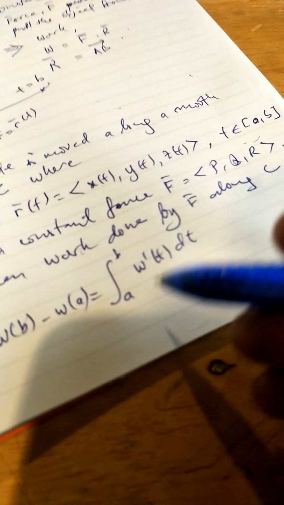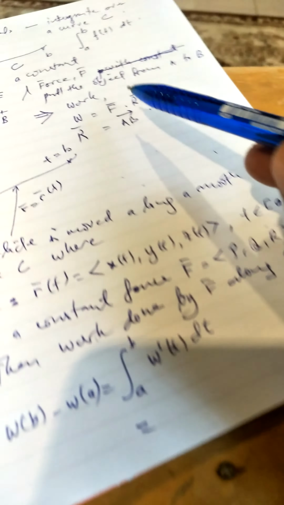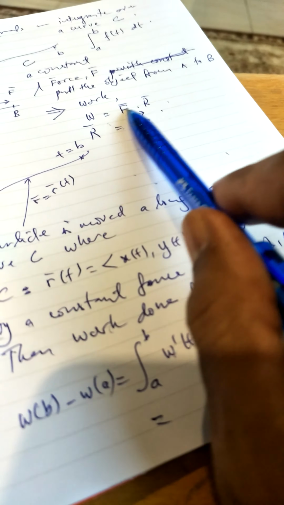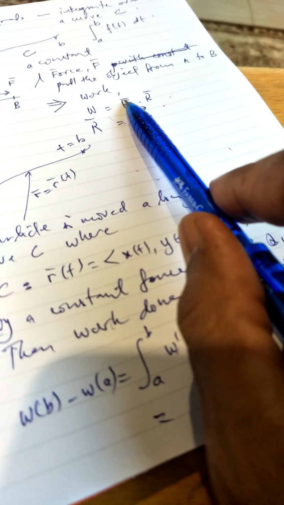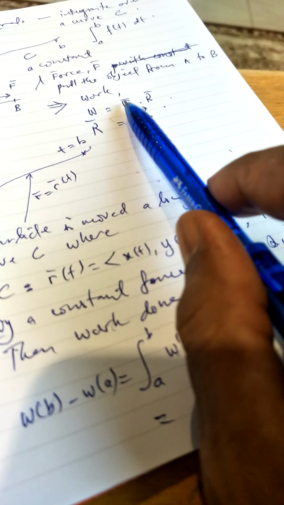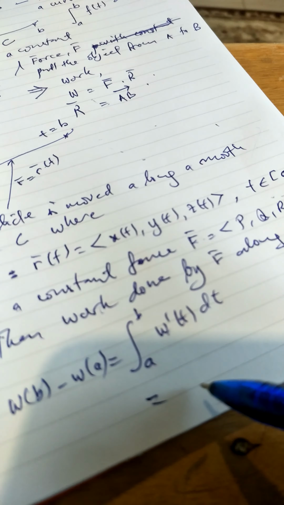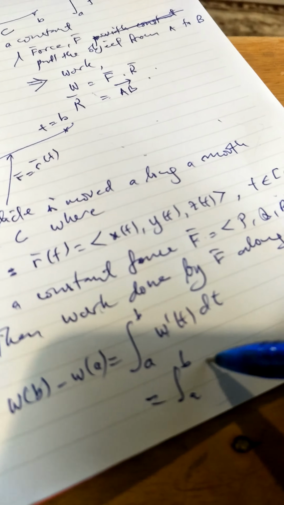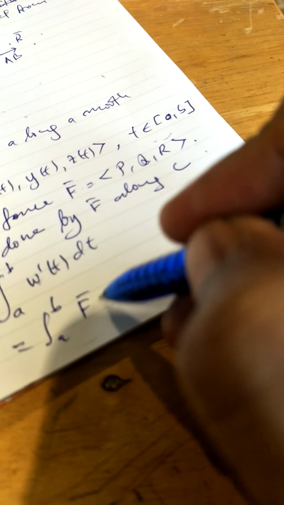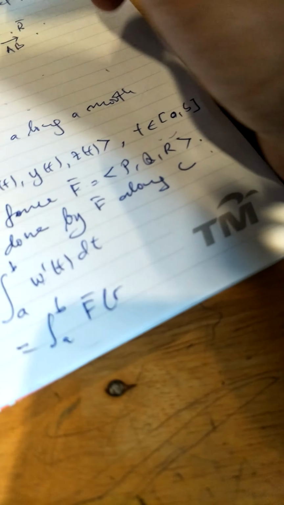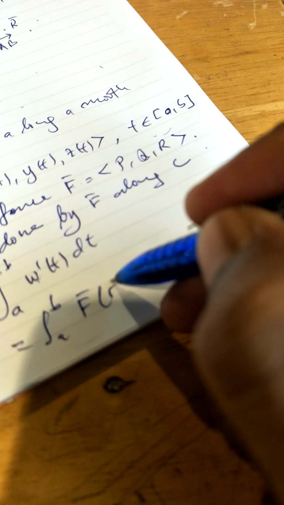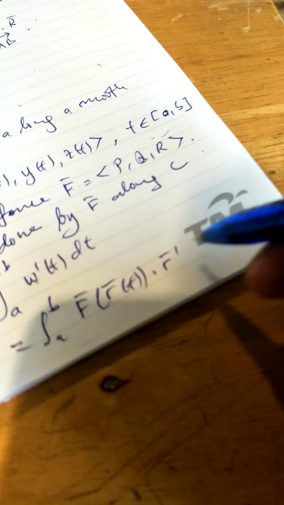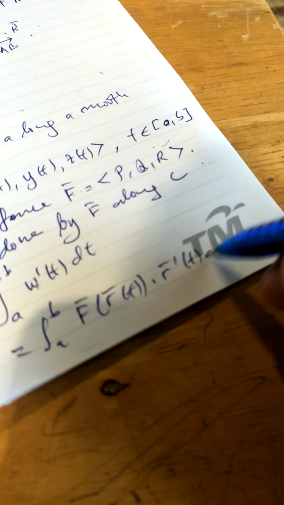Alright, so this is equal to, if you differentiate W, since F is a constant, what we have is the integral from A to B of F of R of t dot R prime of t dt.